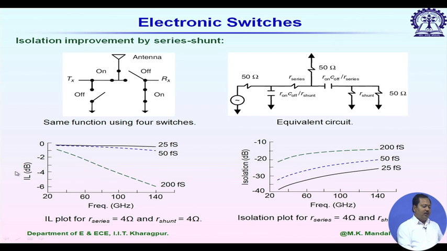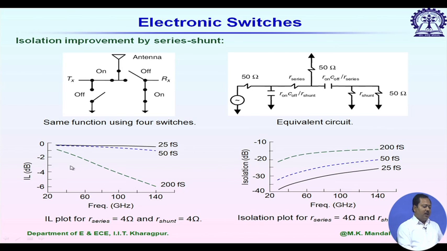The left side shows insertion loss and the right hand side shows isolation versus frequency for different figures of merit. For the insertion loss plot, what we expect is that instead of a single switch, if we use series-shunt configuration, the insertion loss will be higher. Let us compare 200 femtoseconds.